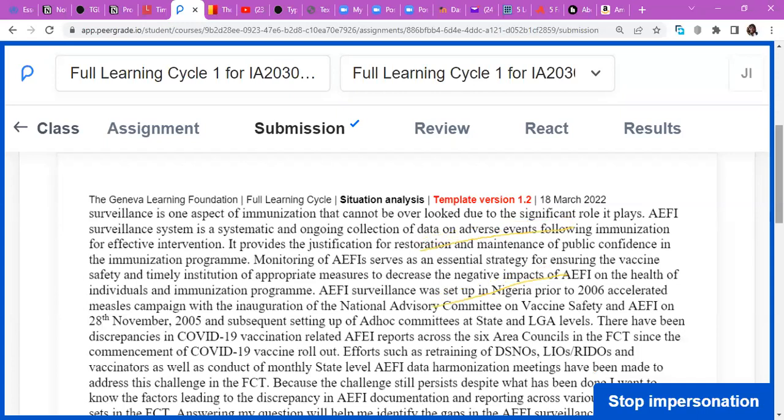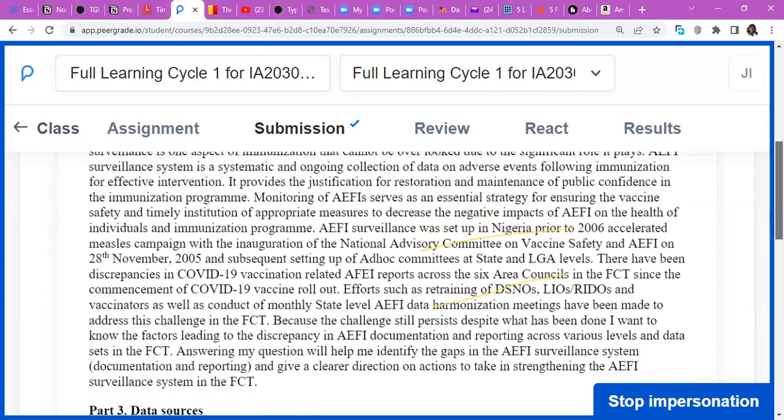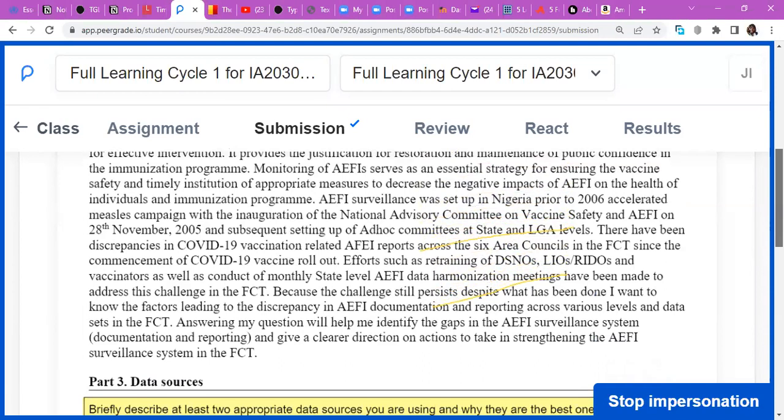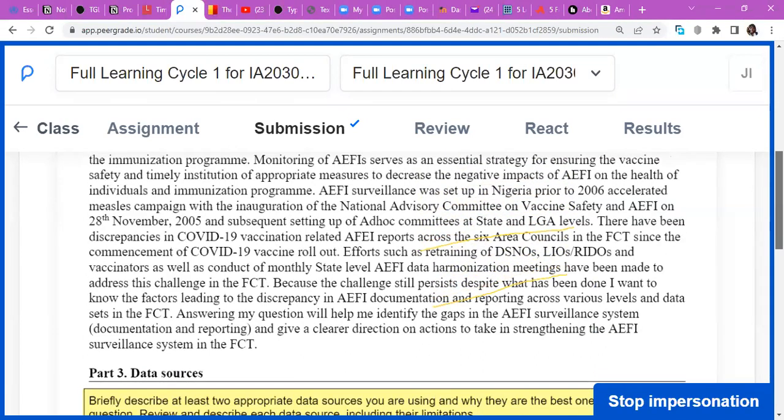So for us as a state, if we really want to say this vaccine is safe, we need to take up our AEFI surveillance very strongly, because it is with what we've documented, tracked and monitored that we will be able to tell the masses that yes, these vaccines are safe, or that this portion of persons can come down with 1, 2, or 3 reactions after the vaccination.